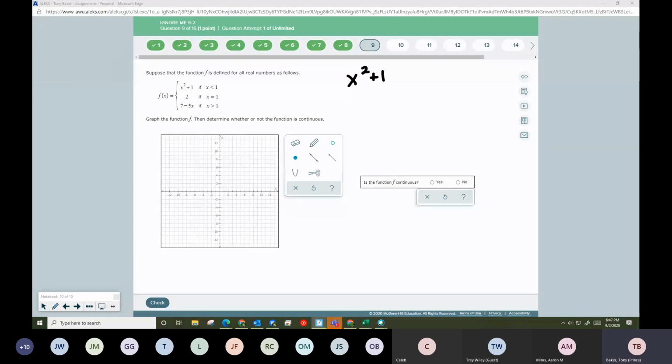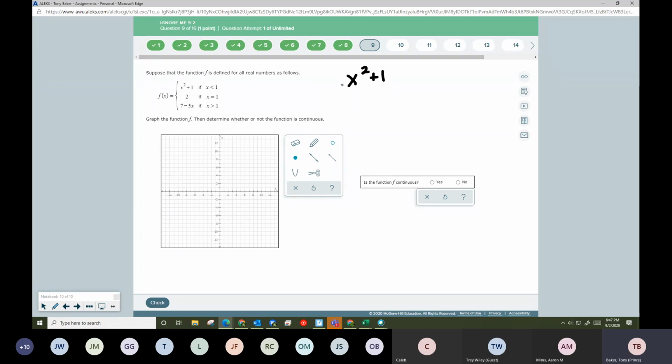So when you're graphing a parabola, you need 3 pieces of information. You need to know the vertex, you need to know if it opens up or down, and you need to know one other point. Whether it opens up or down is based on the leading coefficient.